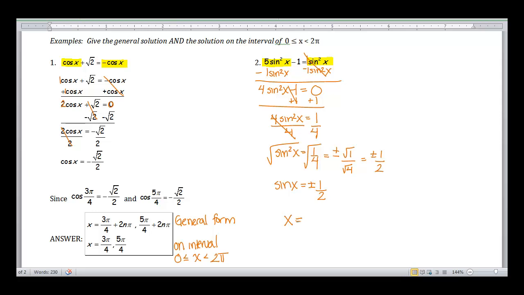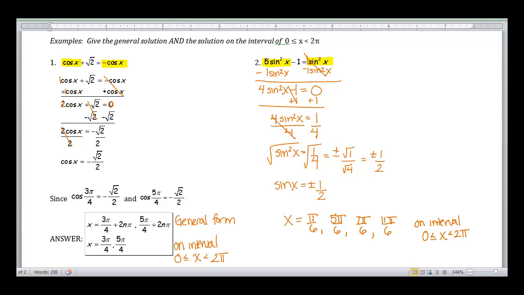And so therefore, x would equal pi over 6, 5 pi over 6, 7 pi over 6, and 11 pi over 6 if we're talking about on the interval between 0 and 2 pi.